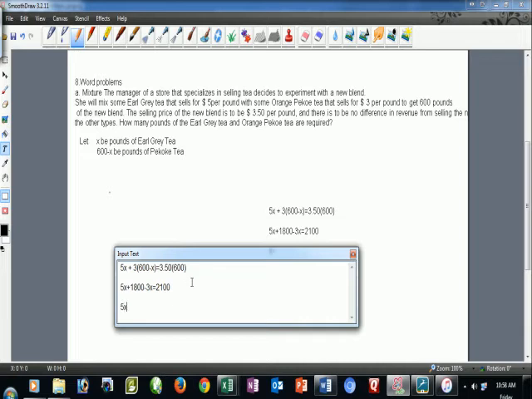That 5x stays, that 3x crosses the bridge, that 2100 stays, that 1800 becomes minus 1800. That becomes 2x equals, what? 2100 minus 1800 is 300, right?